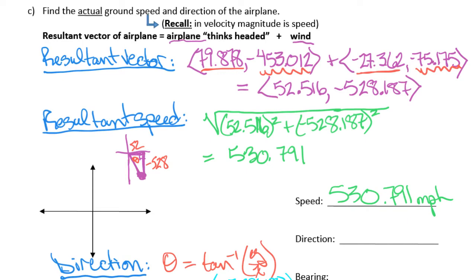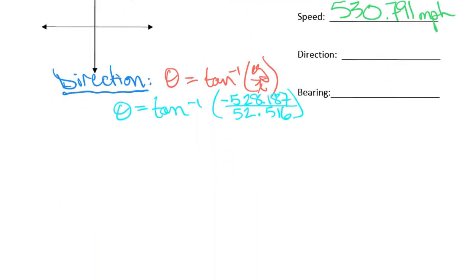Okay, take a minute to crunch that out. Let me move my paper up. We're going to get the angle measure is approximately negative 84.322. Negative 84.322, that is our direction. So let's give it a quick sketch.